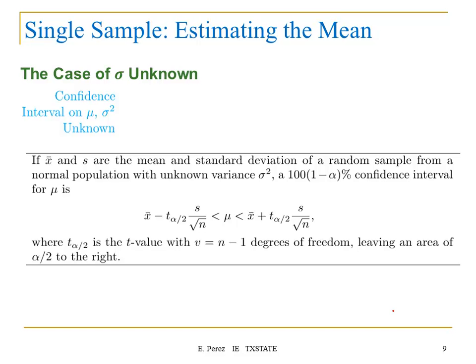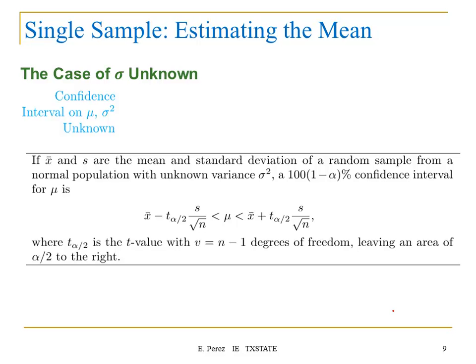So for those cases, we have the confidence interval that is based on the t distribution. The other assumption that we're making is that the sample mean and the sample standard deviation are coming from a normal with unknown variance, and we can construct that confidence interval using this expression.